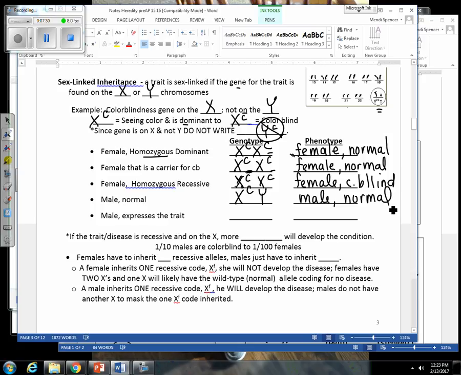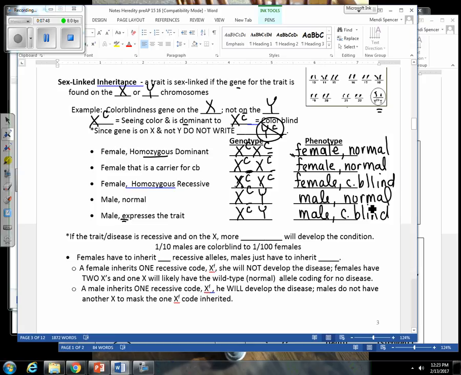And then a male who expresses the trait, that means that they show color blindness, would have the genotype X with a little c and a Y. So this is male, and this male would be colorblind.